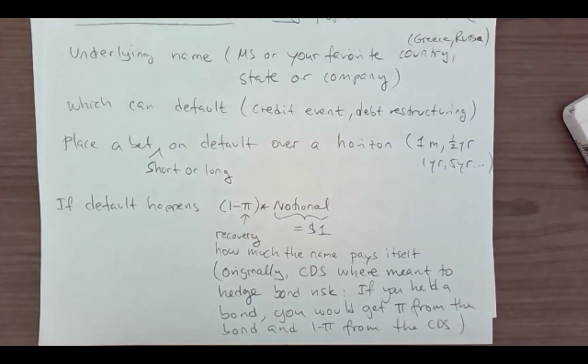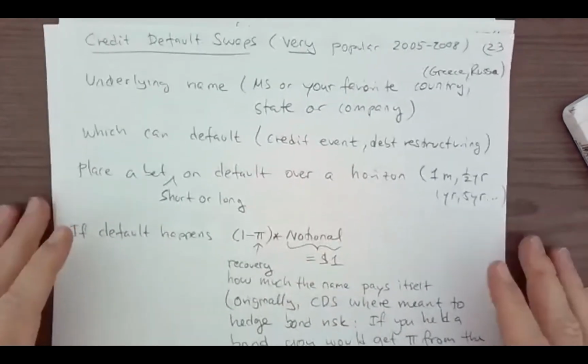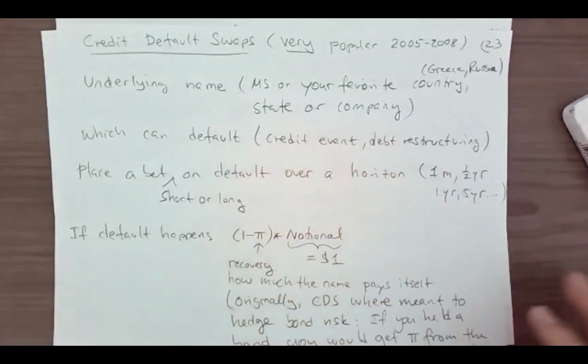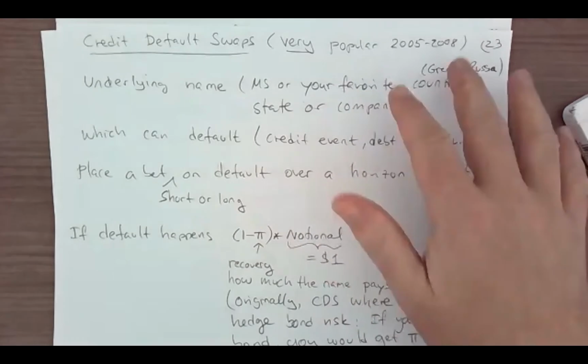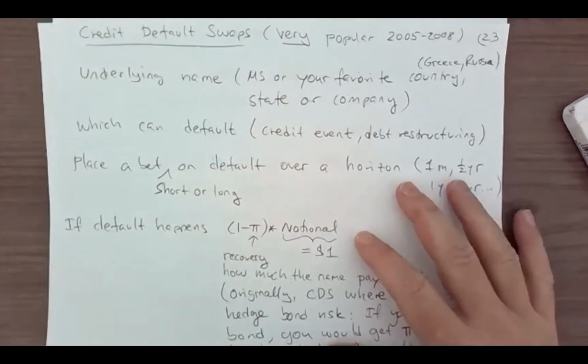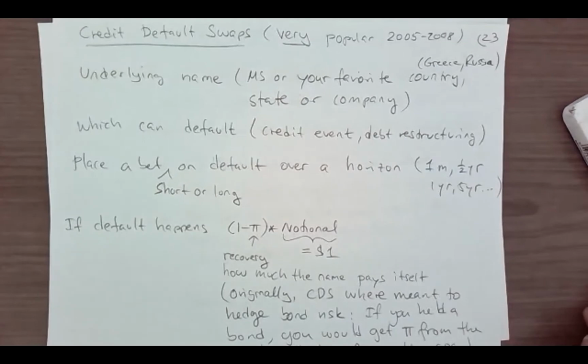In many ways, this is just like an insurance contract, but the big difference is these contracts were not treated as insurance contracts in this period. They were not subject to the same rules and regulations that insurance contracts had.